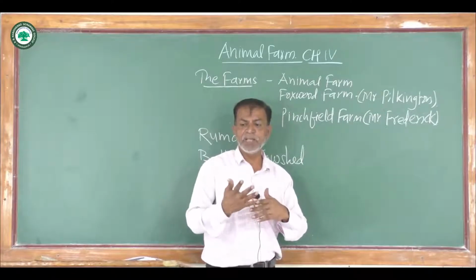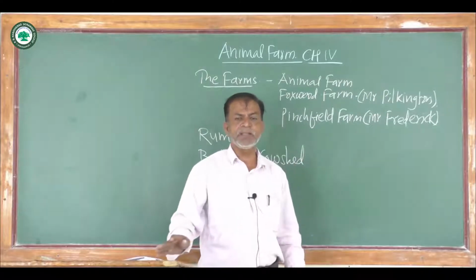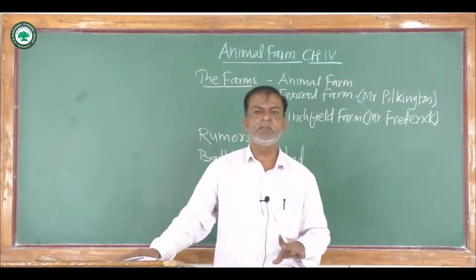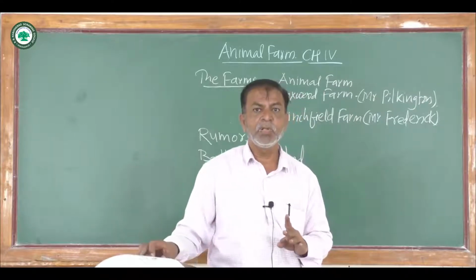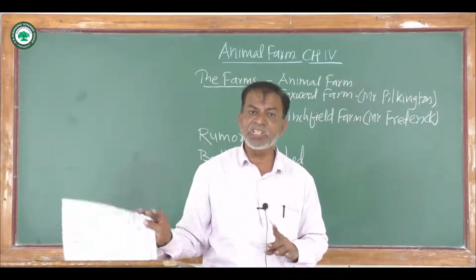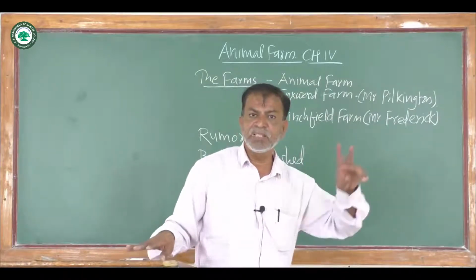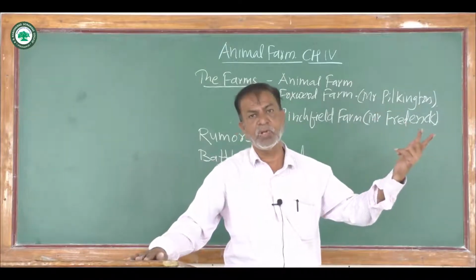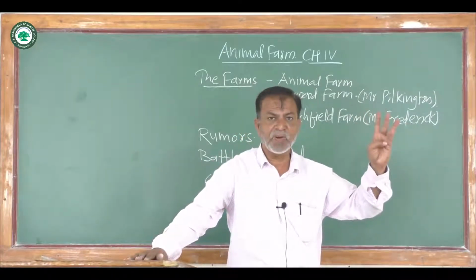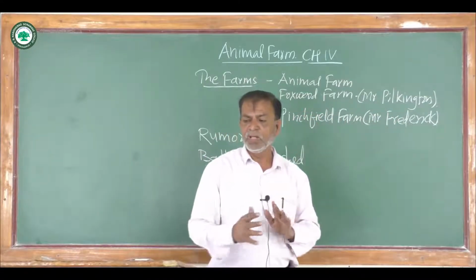They torture each other, and all of these things are against the law of nature, and nature would punish them. So it was the view of all of these three owners of the farms, Manor Farm, Pinchfield Farm and Foxwood Farm.